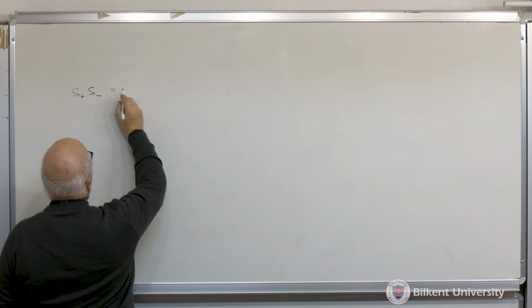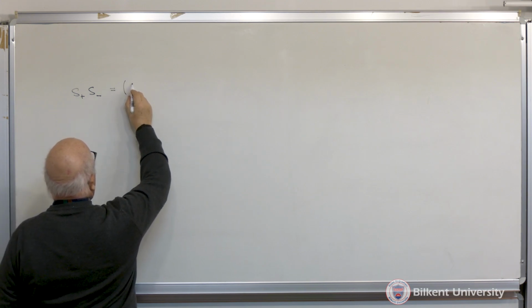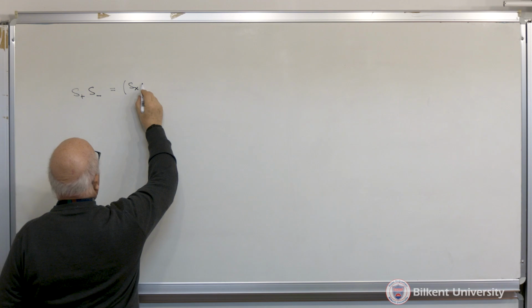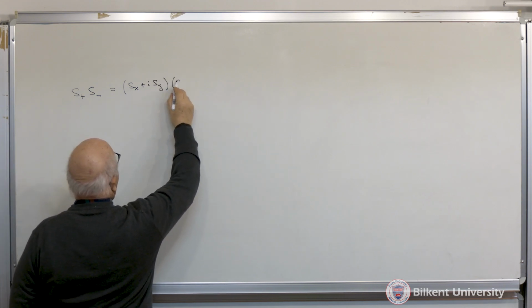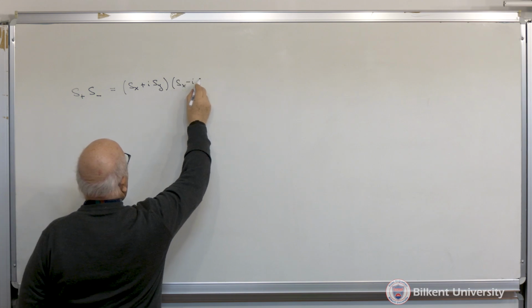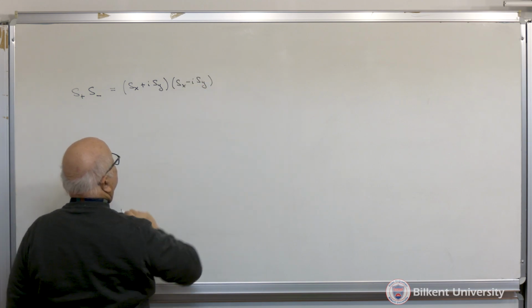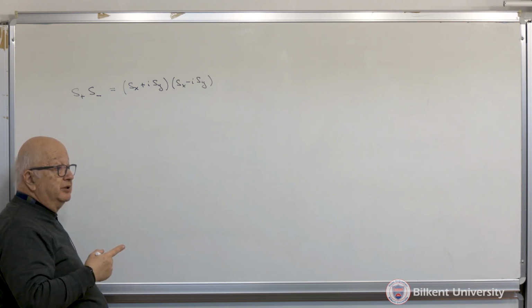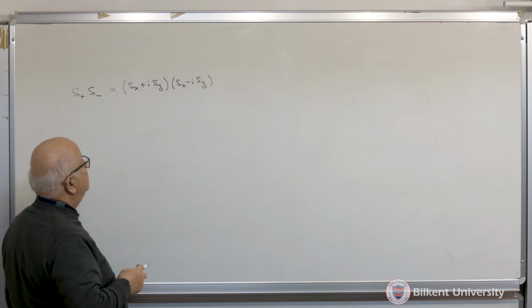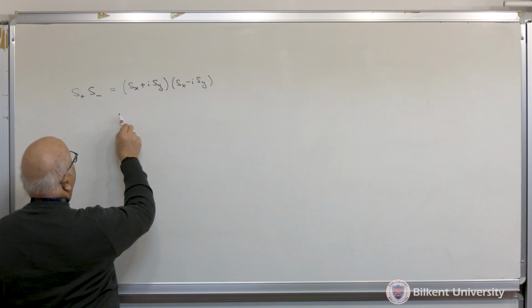So this is going to be equal to (S_x + iS_y)(S_x − iS_y). You'll remember that we did this earlier, but I'm just going through it so that we refresh our memories.